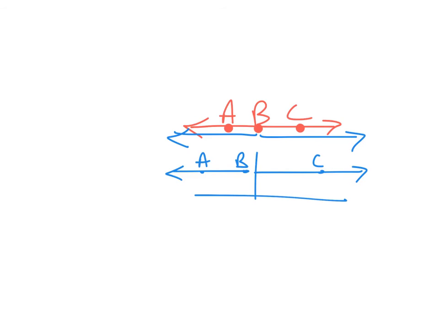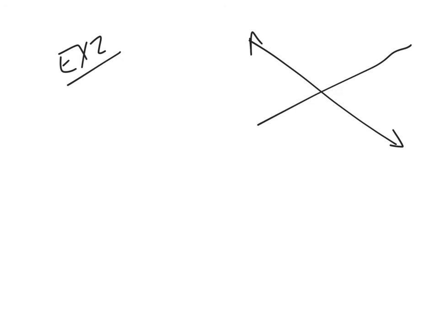All right, let's look at example 2. And I don't expect you to be an artist when you draw this stuff, because I can't. Just throw it up there so you know what you're looking at.